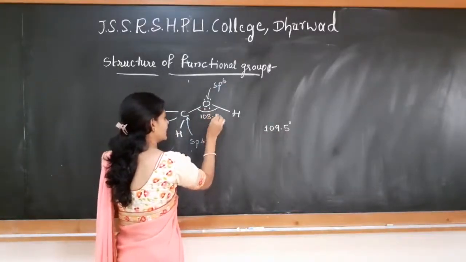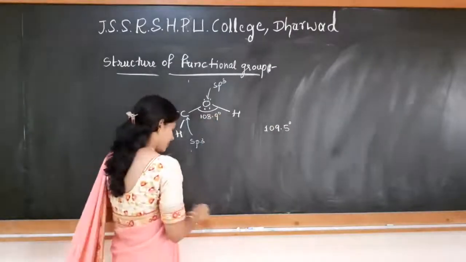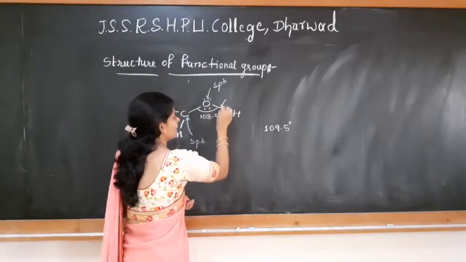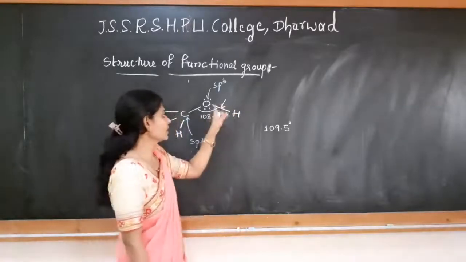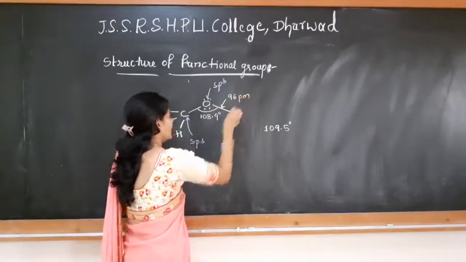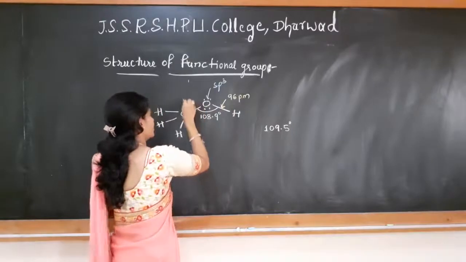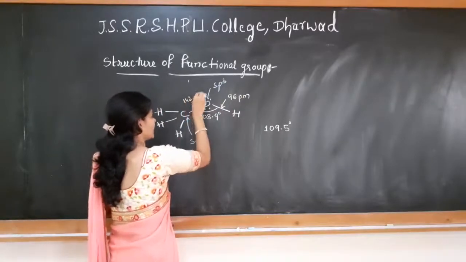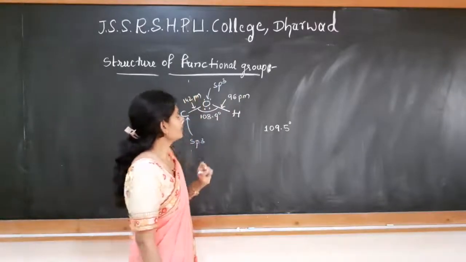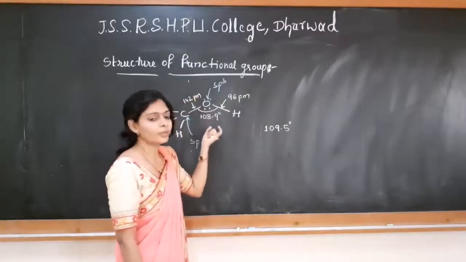The bond length between oxygen and hydrogen is 96 picometers, and the bond length between carbon and oxygen is 142 picometers. So this is the geometry or the structure of the functional group in case of methanol.